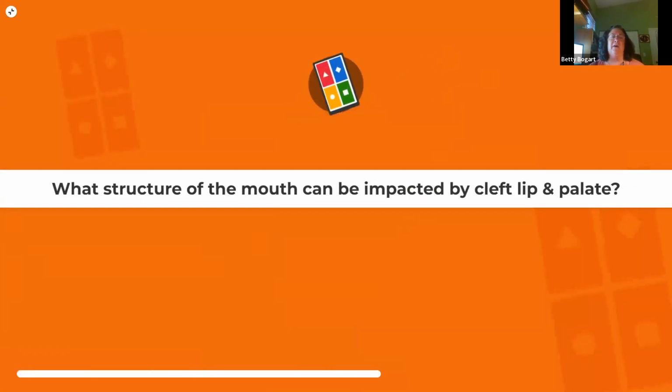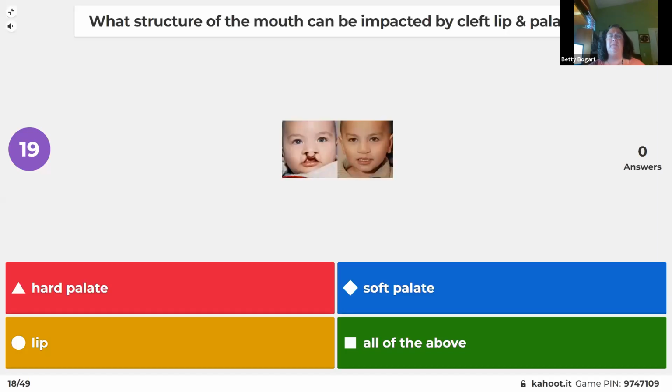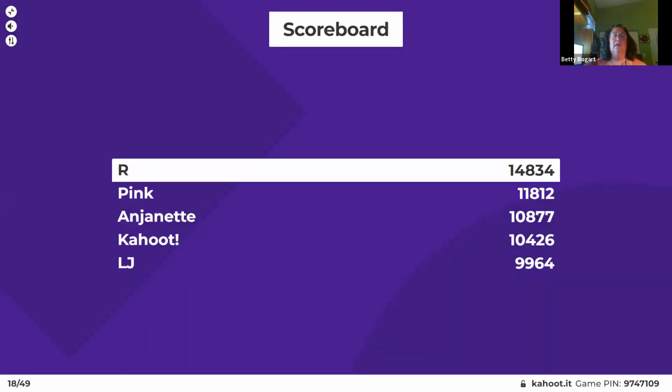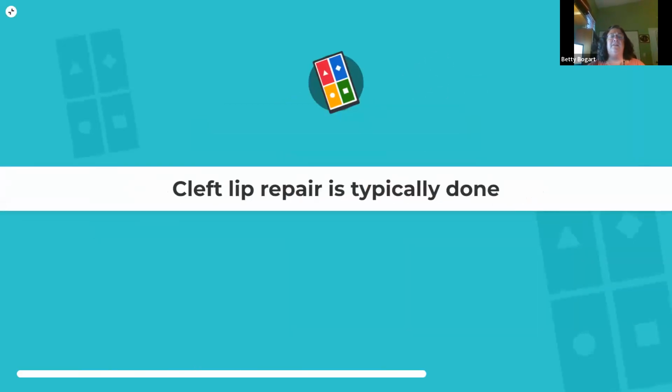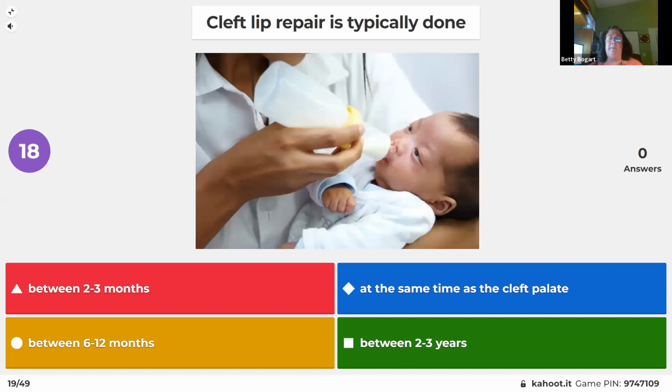What structure of the mouth can be impacted by cleft lip and palate? And it's everything. Cleft lip repair is typically done when?